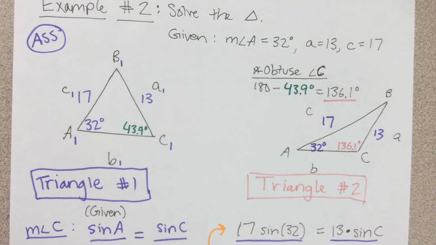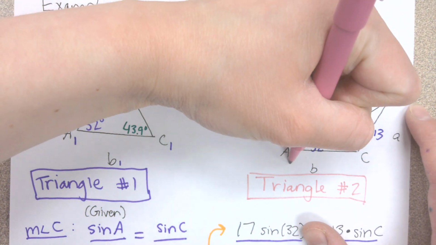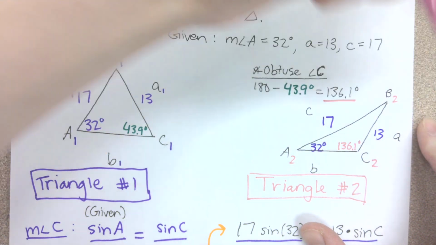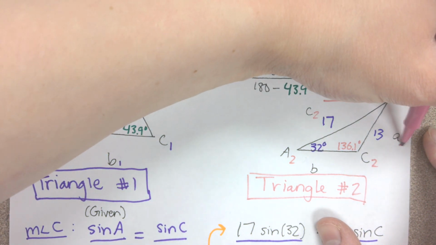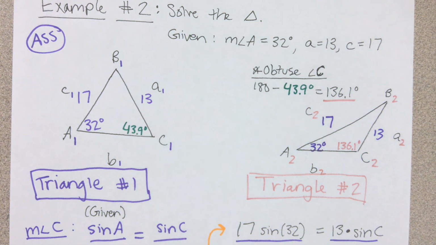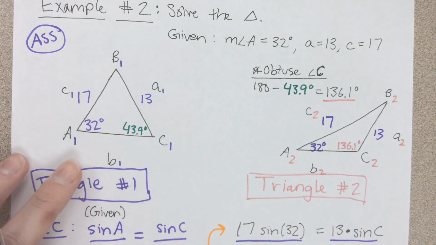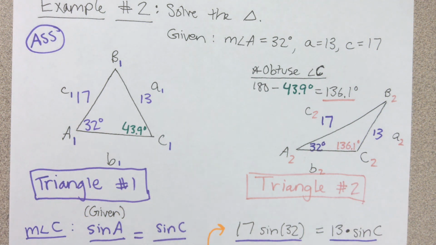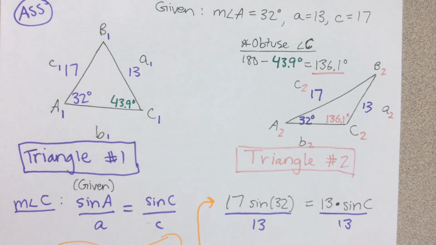And then we put 2s on all the letters of triangle 2, just to help you know what you're looking at. Obviously, for me, I try to color code this as best as possible so you understand the purple is triangle 1 and the pink is triangle 2. But even still, that can be a bit confusing. So labeling those with 1s and 2s keeps that information separate.